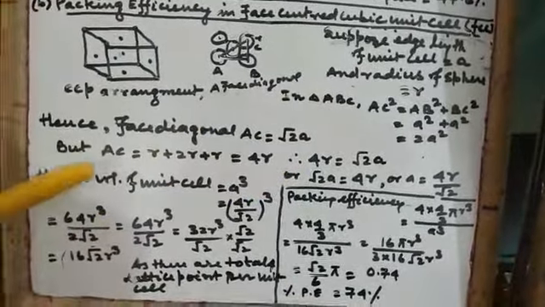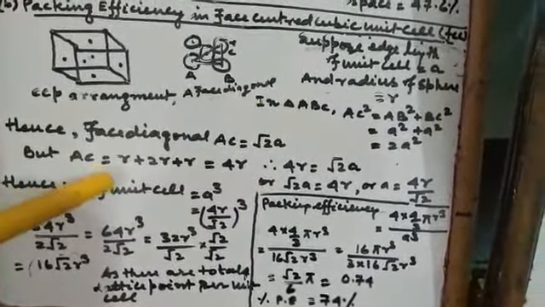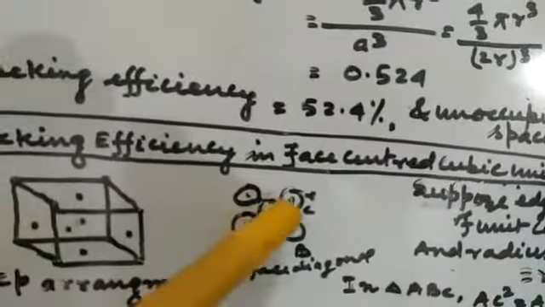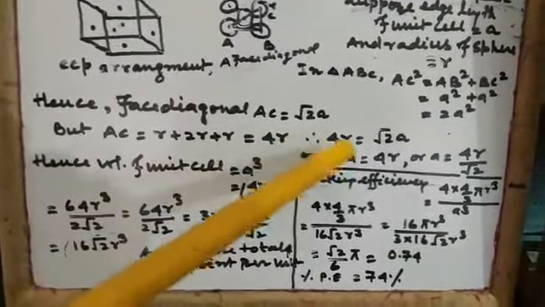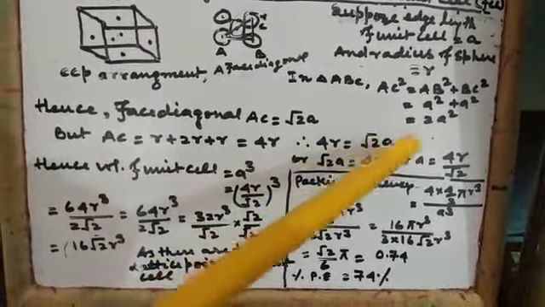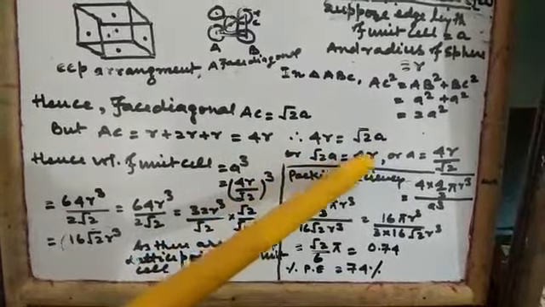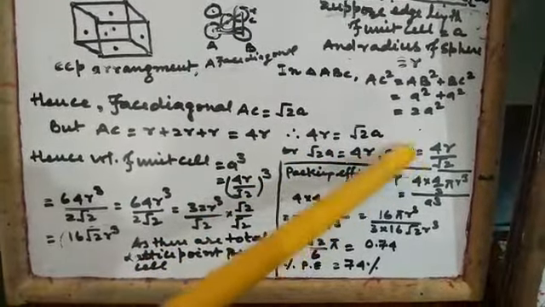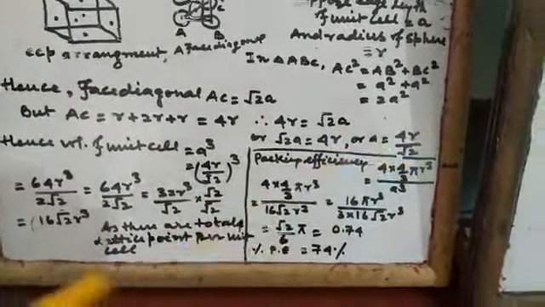Hence, face diagonal AC equals root 2 A. But AC is equal to R plus 2R plus R, so this is equal to 4R. Therefore, 4R equals root 2 A, or A equals 4R by root 2.